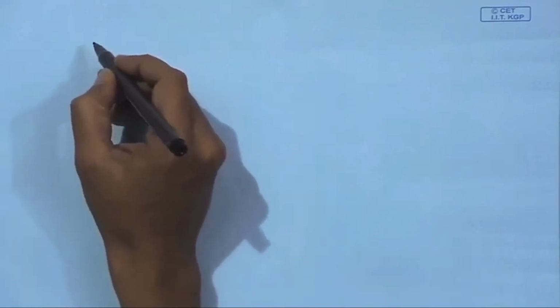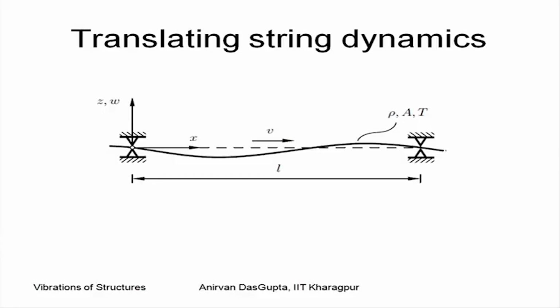So, let us look at this picture. Here I have shown a string that is in translation. This is the string, it is travelling at a constant speed v.